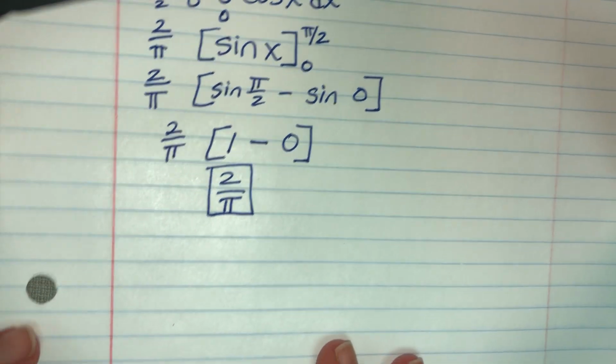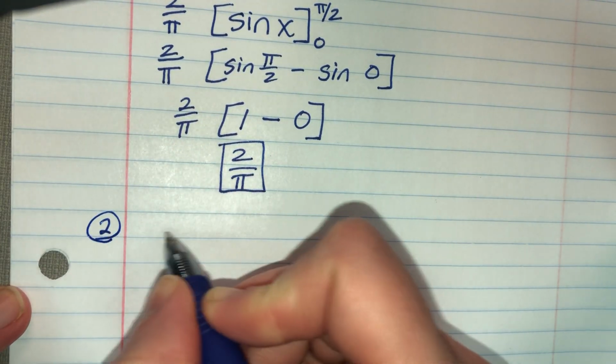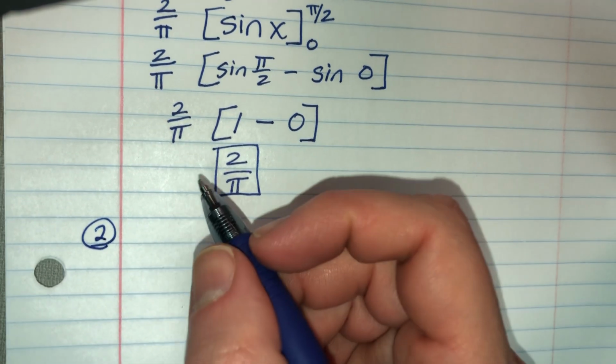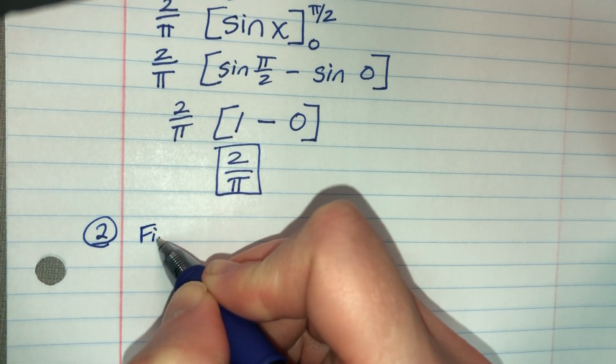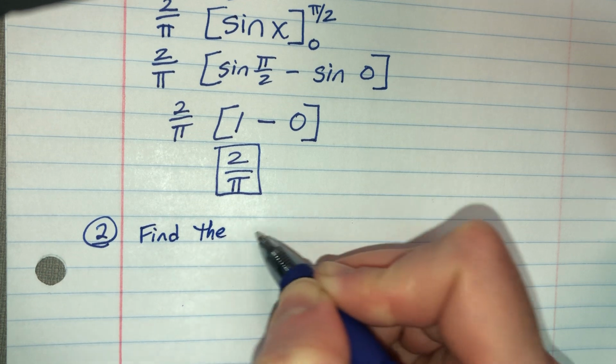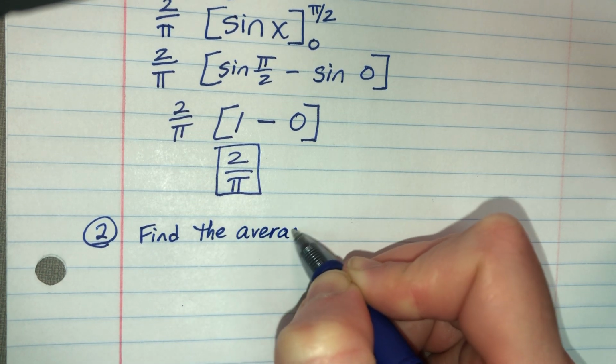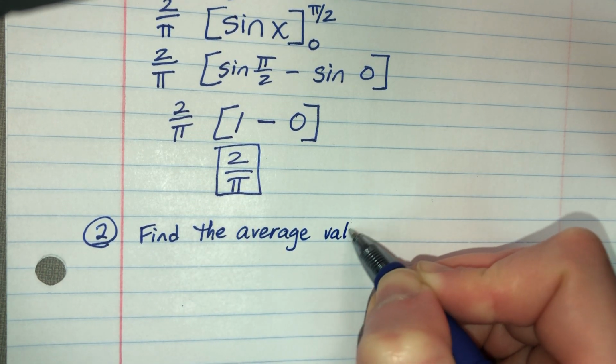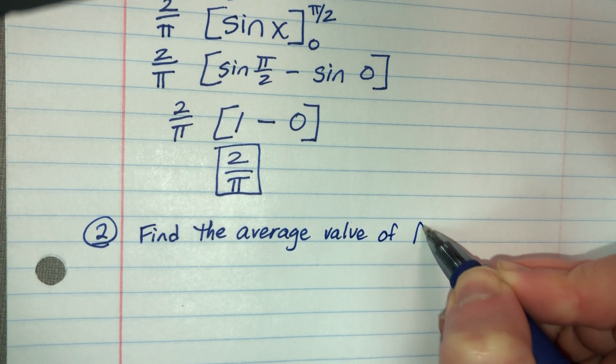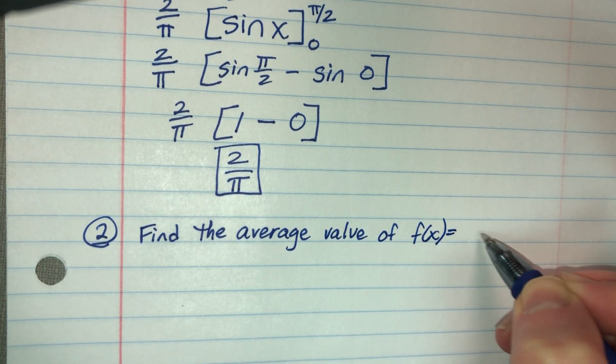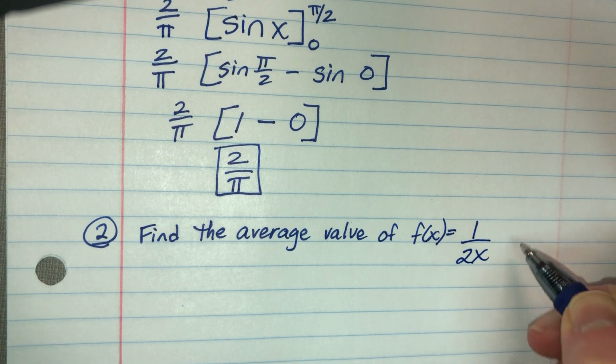Okay, next one, number 2. We are going to find the average value of f of x equals 1 over 2x.